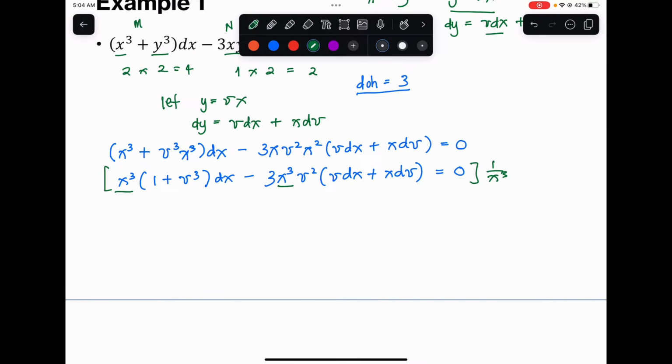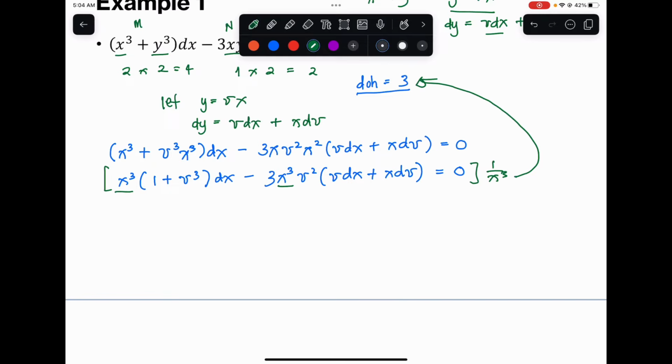If the degree of homogeneity is 2, then a term with a power of 2 can be cancelled out. That's why we need to know the degree of homogeneity. If we don't do this, our solution will be complicated.